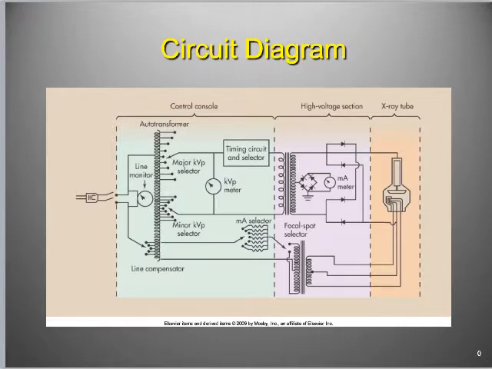The other thing that we have within the control console is this timing circuit and selector. So here's where we can set the time for the exposure. And this is a common point of confusion for a lot of students, right? So I'm going to spend a little time on the timing circuit. And you are probably thinking, whoa, Mr. Roberts, you're a little bit too dizzy.